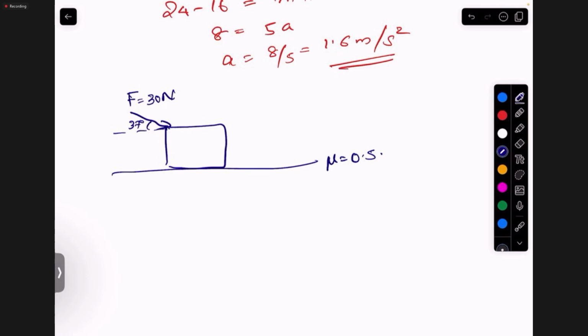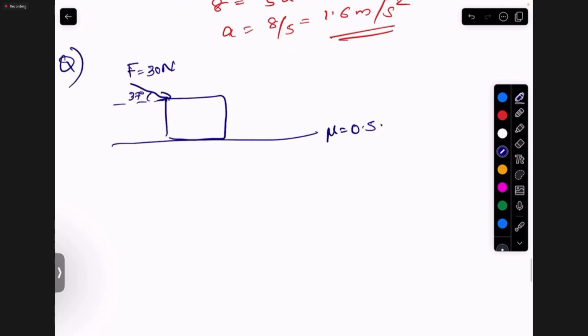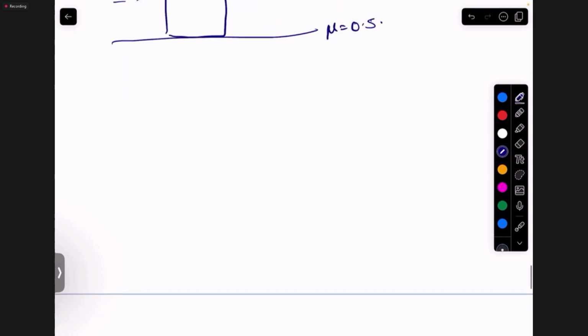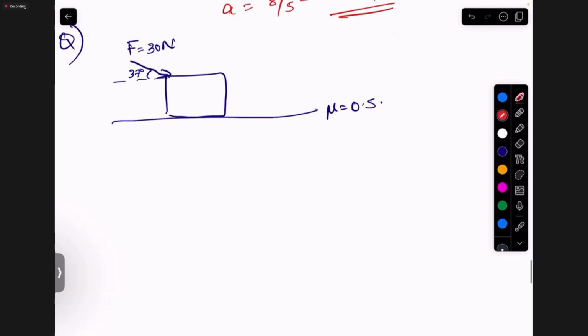What will happen to the acceleration of the block? Again, you have to resolve the forces. So this is the FBD of the block. So this will have 50 Newton. This is 5 kg. Then N will be there. And this block is being pushed, right? So pushing means 30 Newton here.